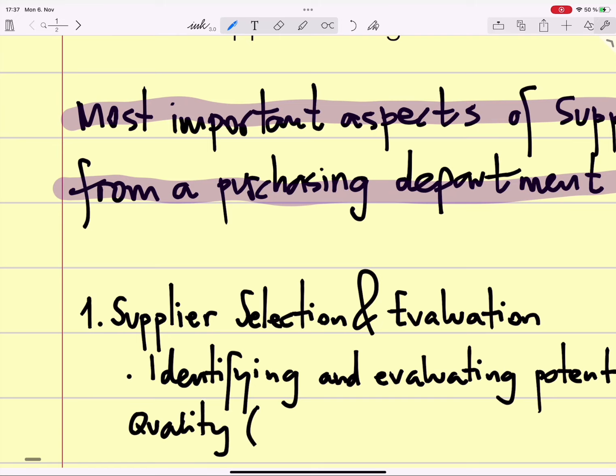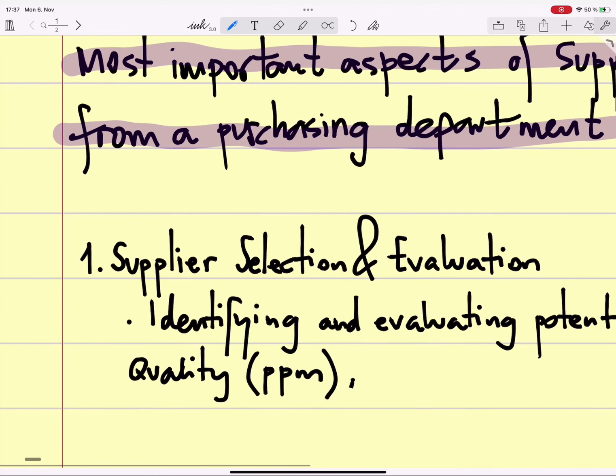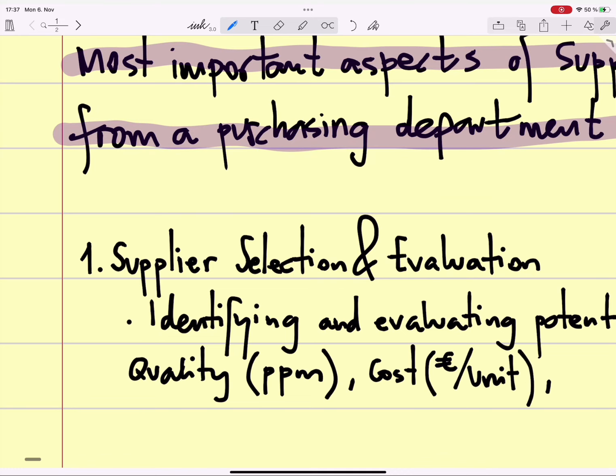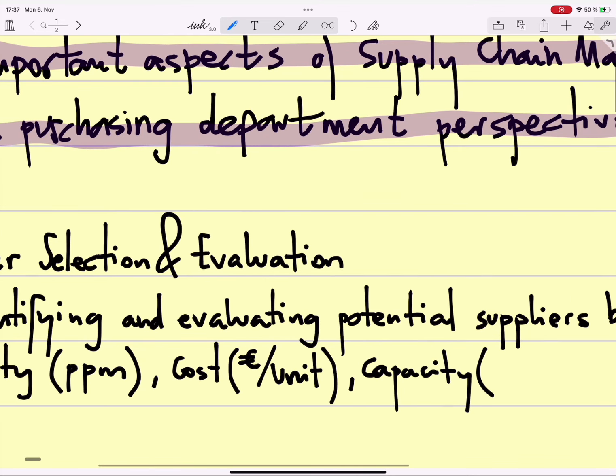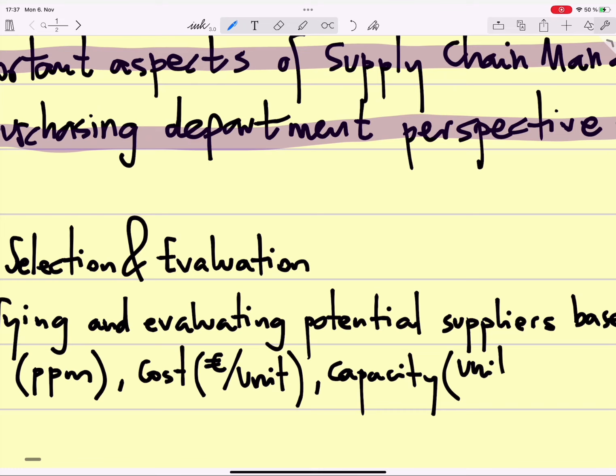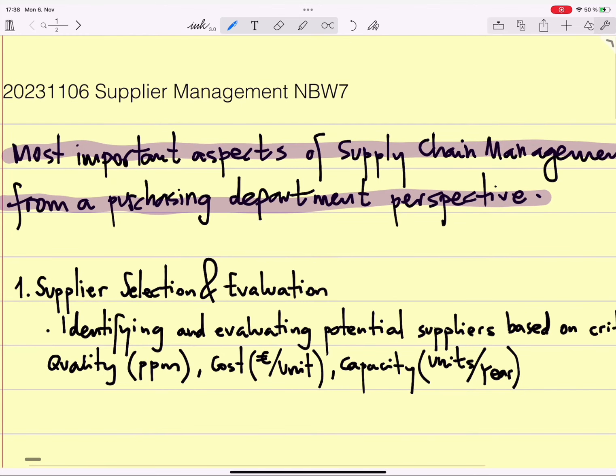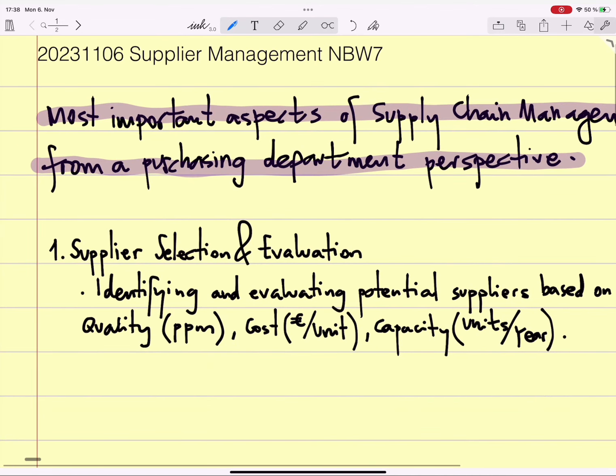What do we measure in quality? Usually parts per million, but this is the KPI, okay? Quality, cost. Usually we look at the euros per unit. Capacity, to know if the supplier can deliver what we need. Yeah, so those are the main criteria.